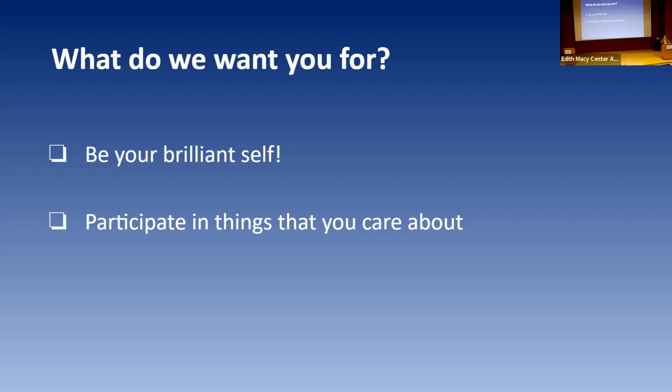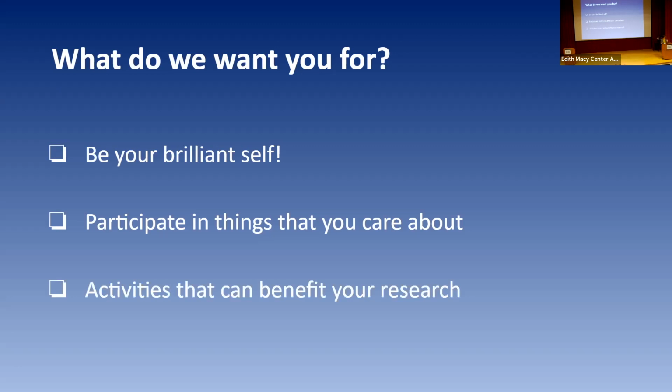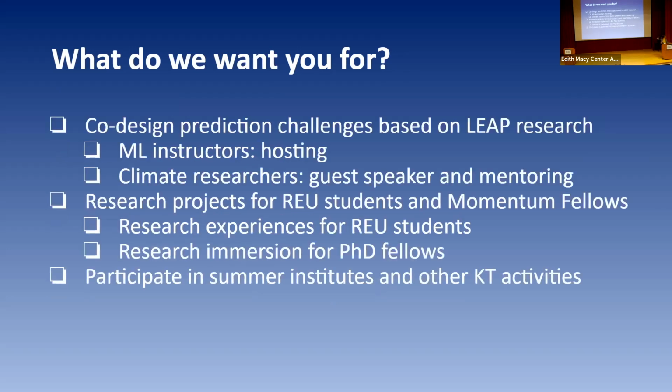If you care about it, then we can design mechanisms for you to lead or participate in things in this direction that you care about, and to have this alignment. I feel synergy and convergence is how we can effectively do research education. And then we also want the activity to benefit your research, and I'm going to talk a little bit about that.